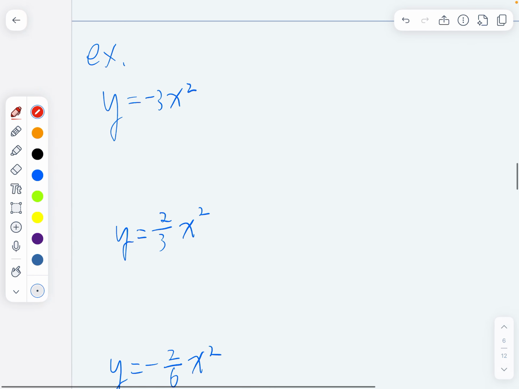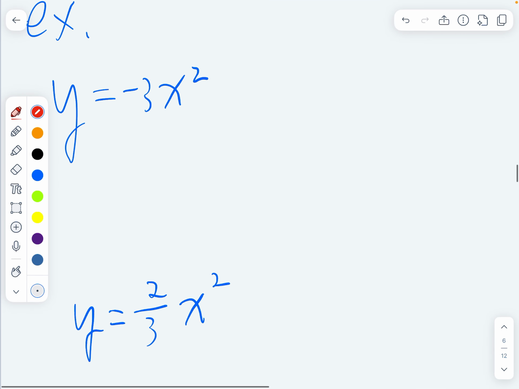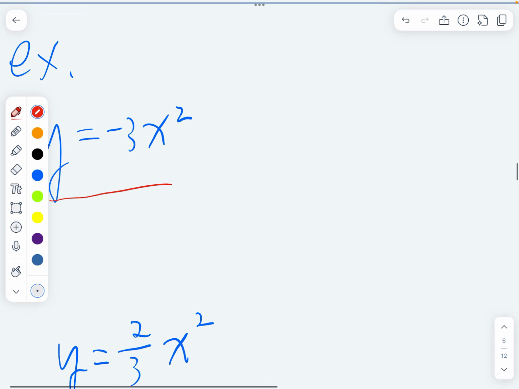Let's do some examples. The first one is y equals negative 3x squared. First we need to check the factor a. The absolute value of a equals 3, which is greater than 1, so we can know that it's a vertical stretch.